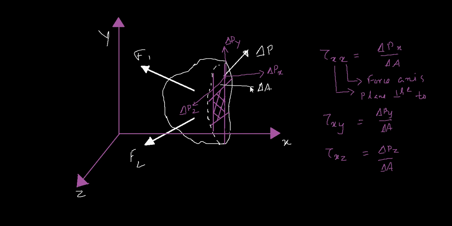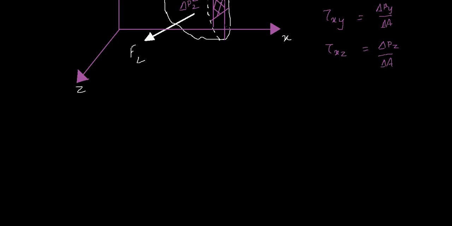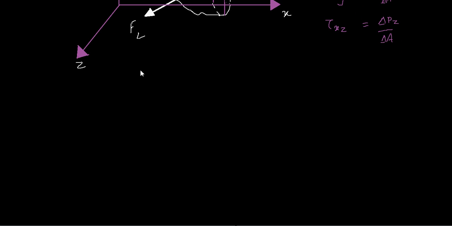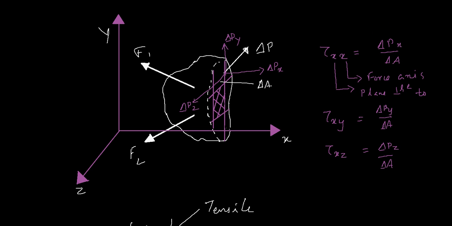Usually the normal forces are classified into two: traction or tensile, and compressive. If it's a pulling force, it is tensile, and if it's a pushing force, that is considered compressive. So those are the two variations of normal force.